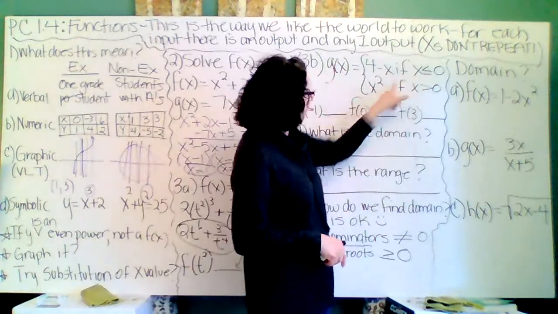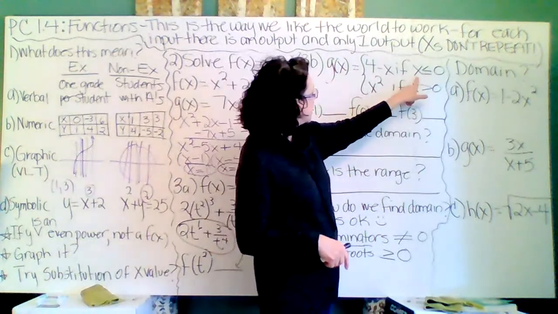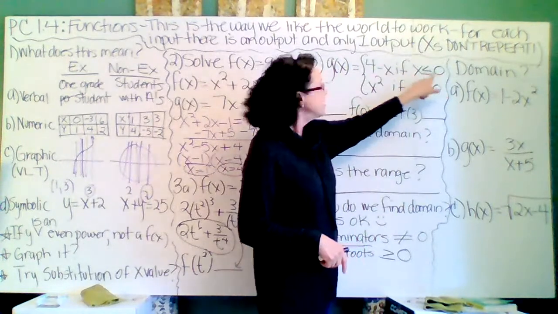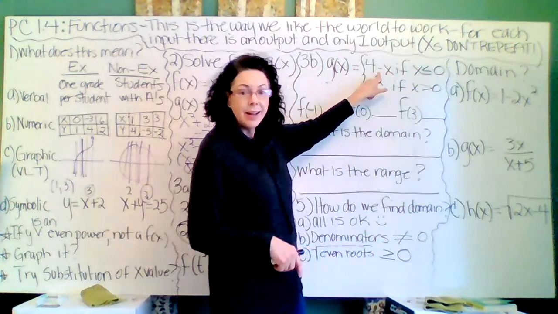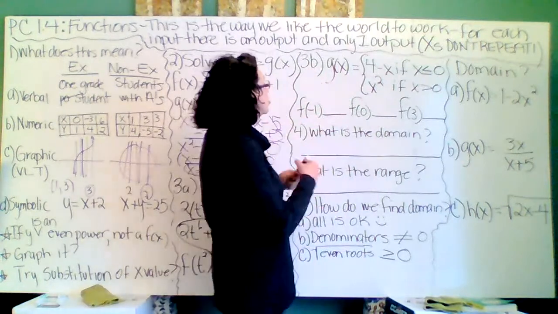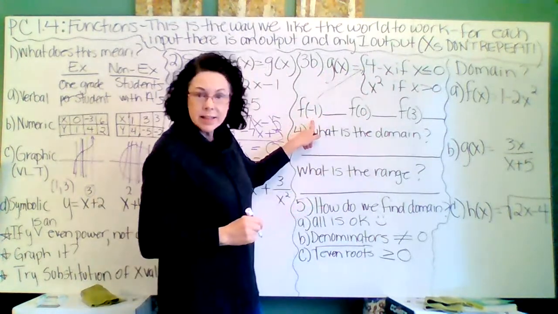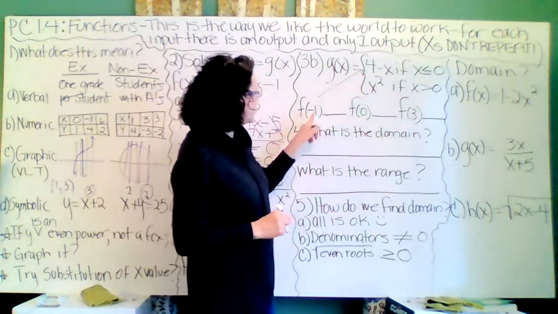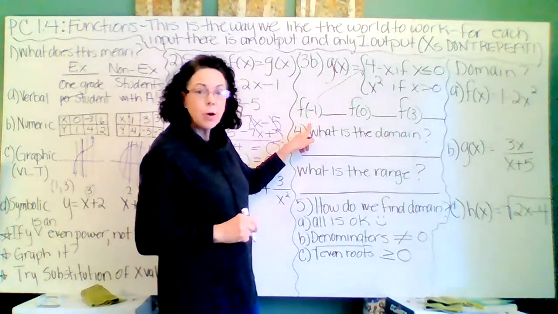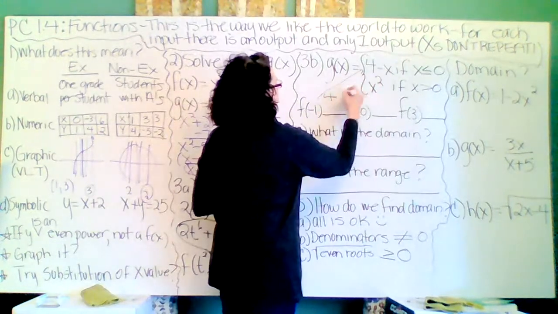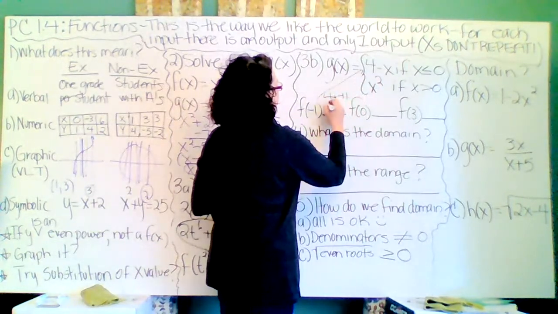The top one, right? When you put a -1 in for x, -1 is less than or equal to 0. This is the function that's happening when x is -1. So you only evaluate this function, the top one, at this x. So that would be 4 minus a -1 is 5.